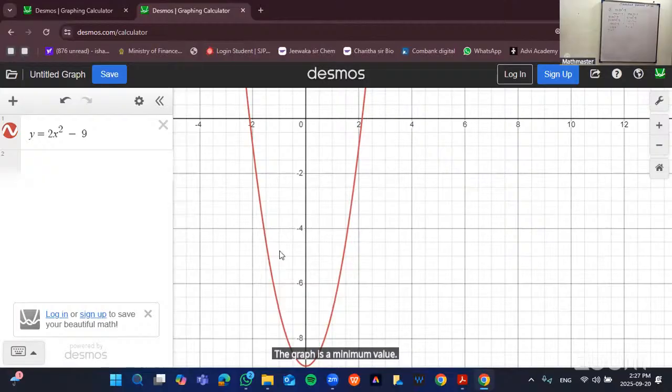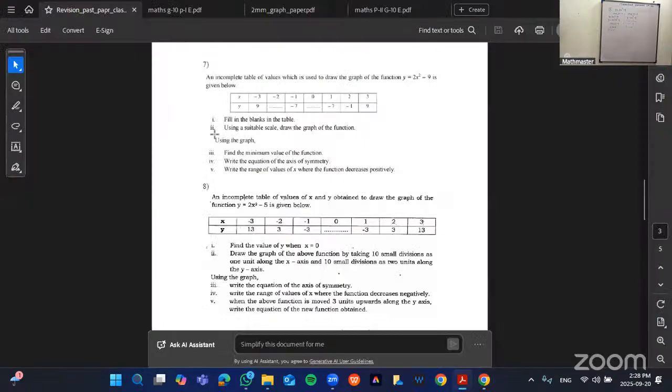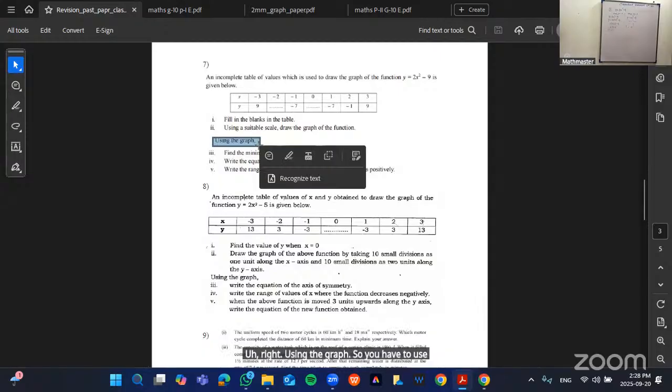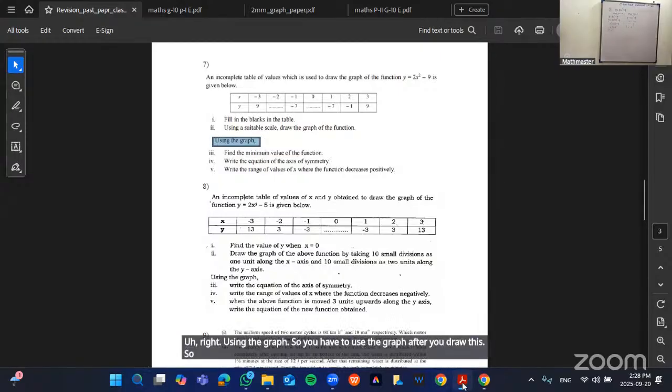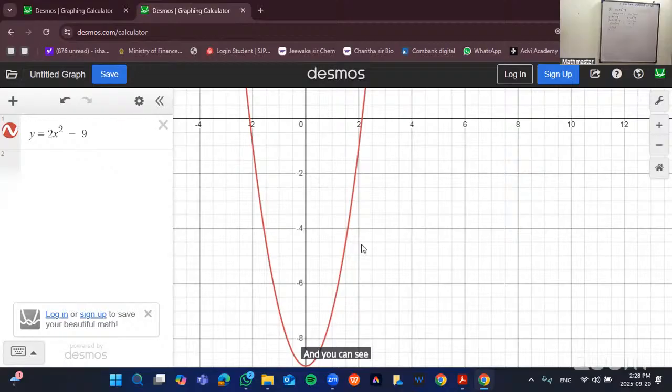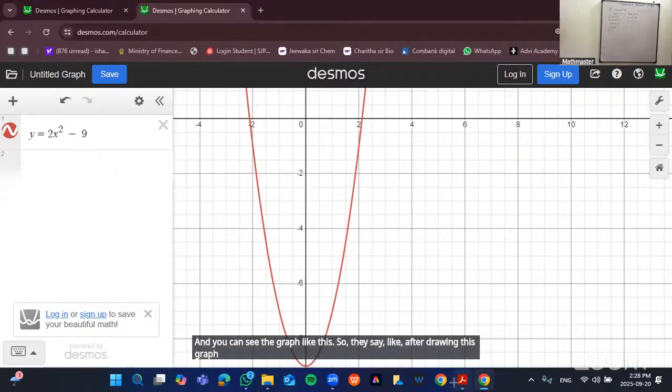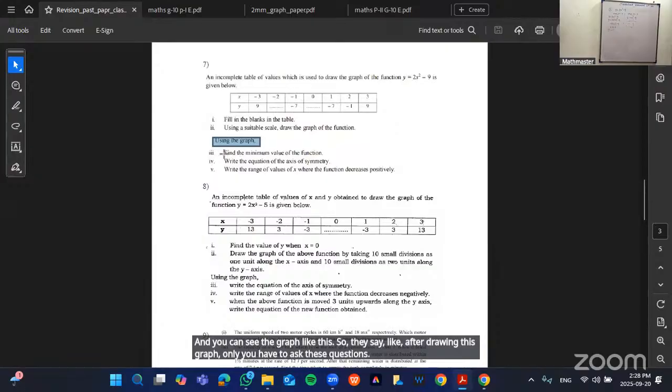Understood? Now let's answer the questions using the graph. After you draw the graph, you have to answer these questions. Find the minimum value of the function.